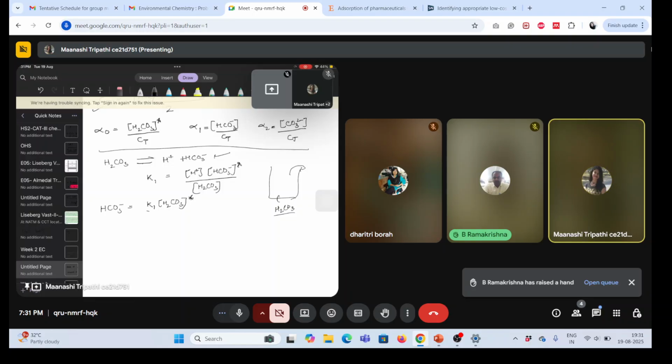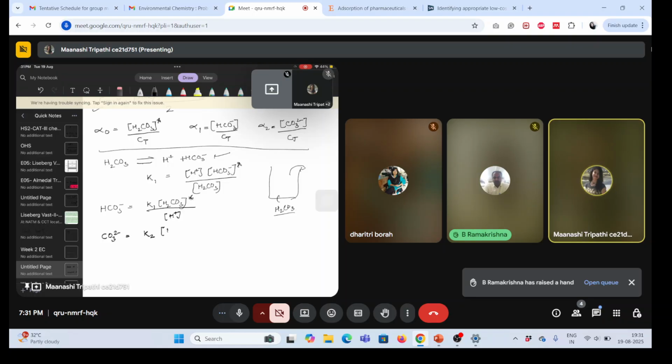So this will be H plus. Similarly, for CO3, here it is K1, so for the CO3 equation it will become K2. We are considering it as K2.